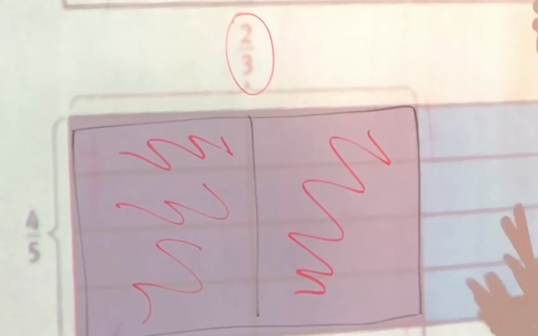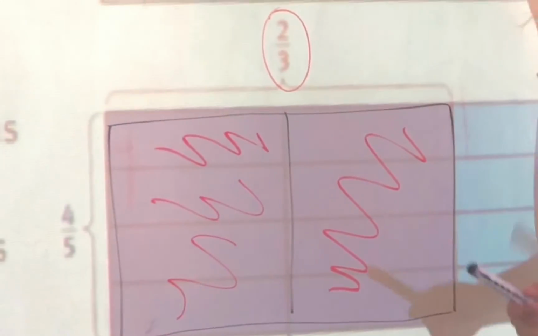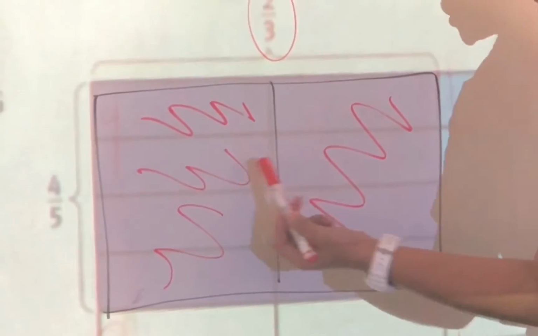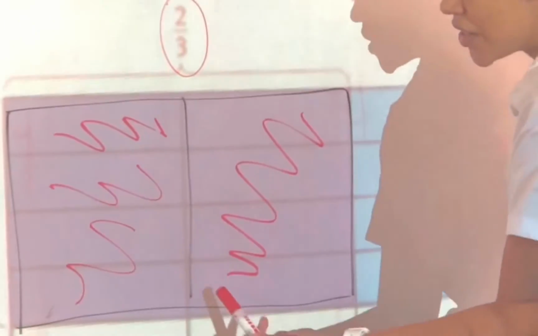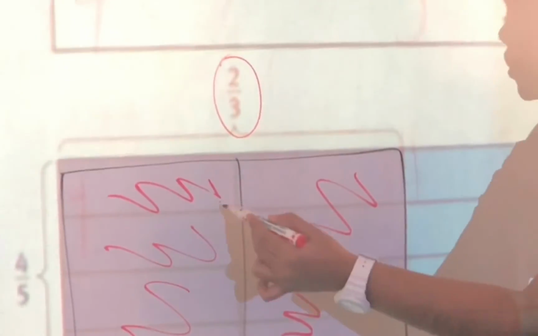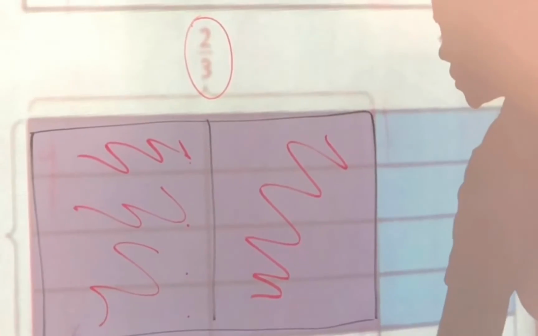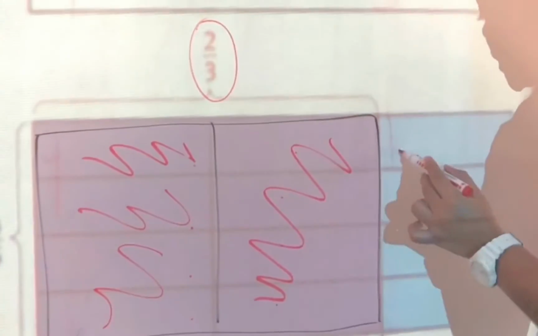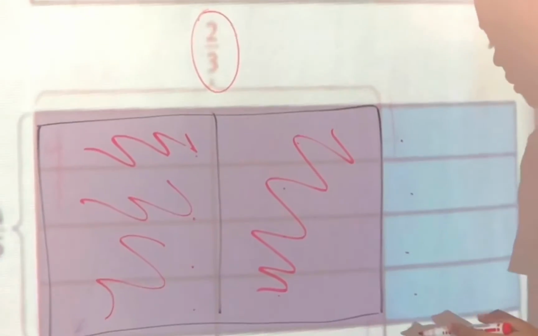How many of those little rectangles are colored in purple? 1, 2, 3, 4, 5, 6, 7, 8. So we have 8 out of total. But this is too much work to do.